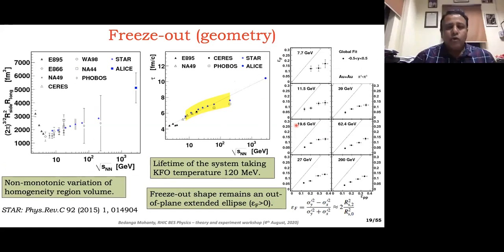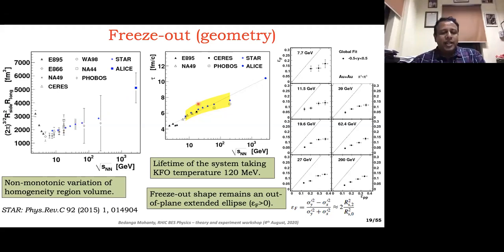So what about other aspects of freeze-out geometry? Those can be extracted from HBT-like measurements. For example, on the left-hand side is an estimate of the homogeneity region volume as a function of collision energy. That shows an interesting variation, although it's fairly monotonic in the beam energy scan regime, increasing with collision energy.